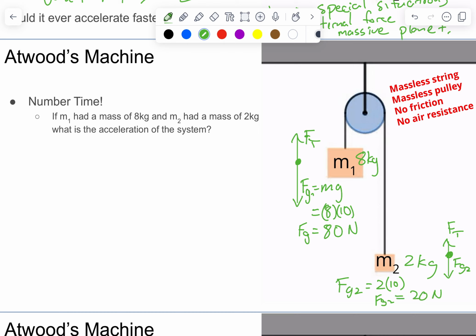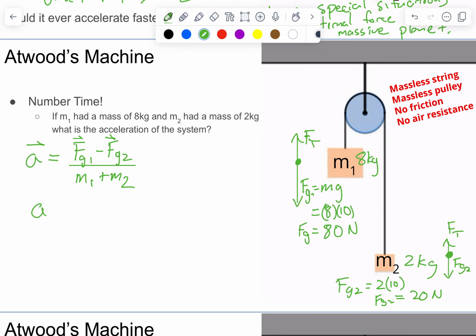And my equation from before, we said acceleration, which is a vector, is going to be equal to Fg1 minus Fg2 divided by m1 plus m2. Those forces are also vectors. Mass is not a vector. Okay, so let's do this.